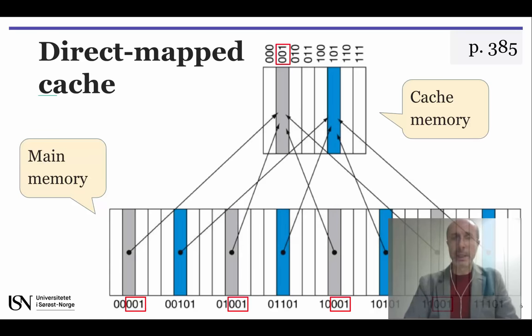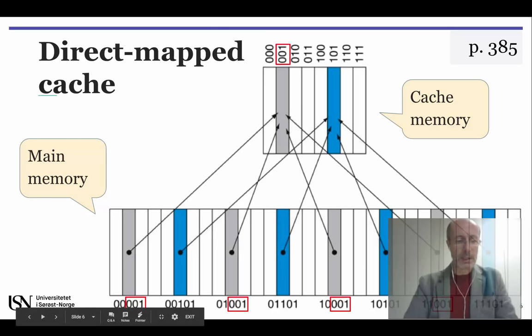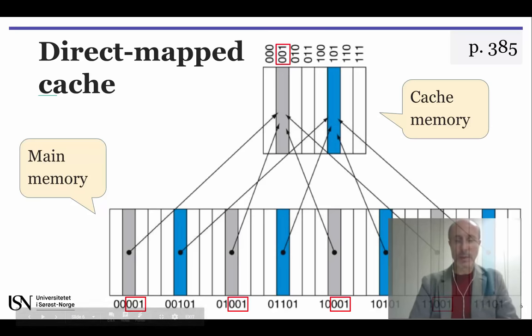So if the gray item currently stored in the cache has an associated tag of 01, then we know that it corresponds to the second gray item counting from the left in this main memory representation.